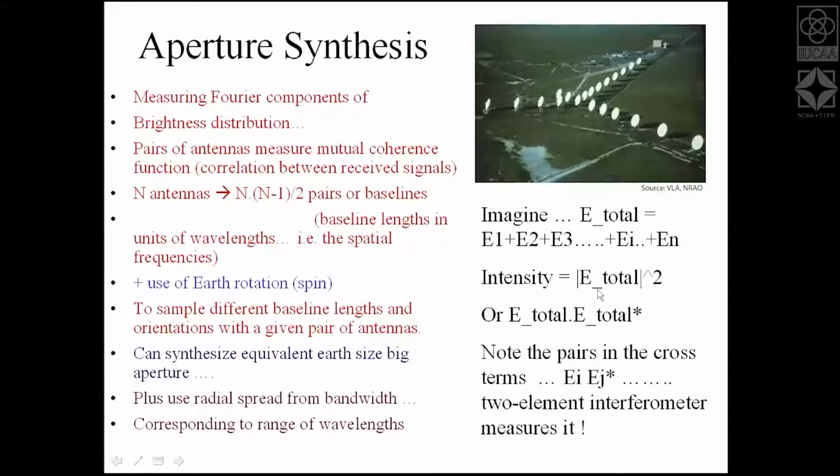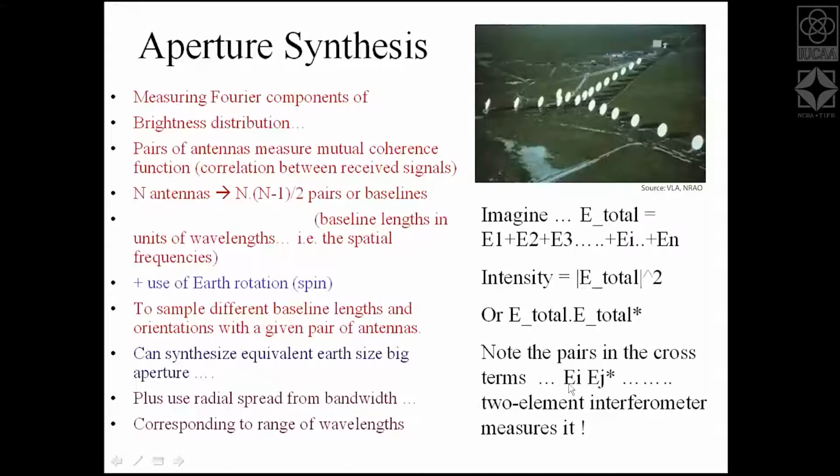So from your simple maths background, you will know that this product, where individual E total itself is a sum of a large number of E's, and multiplied by its complex conjugate, can be expanded, and you will find all the description of this expanded version can be described in terms of pairs of cross terms.